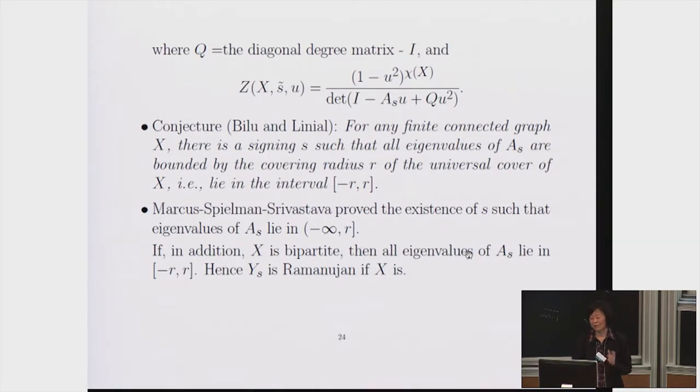Then all the eigenvalues of A_S will lie in the interval from -R to R, and therefore your graph will be Ramanujan. So all they did is prove half of the conjecture.